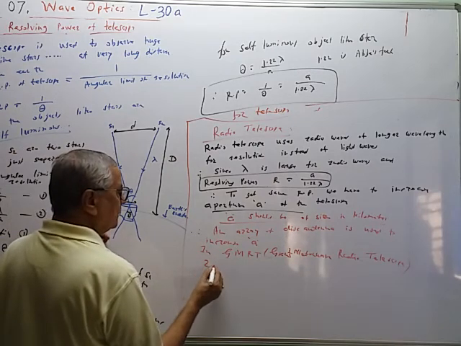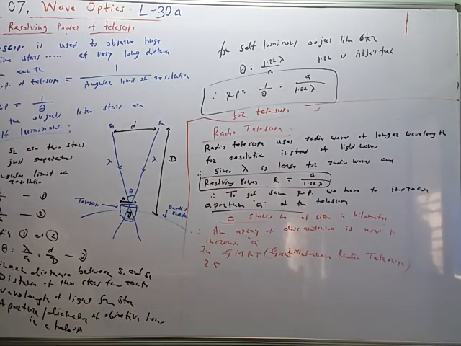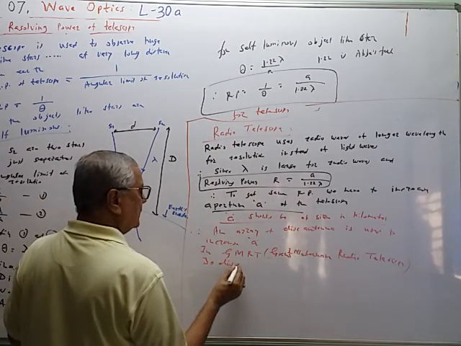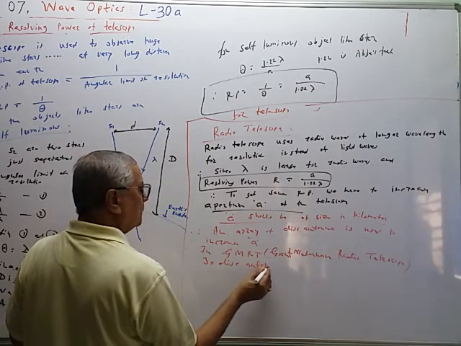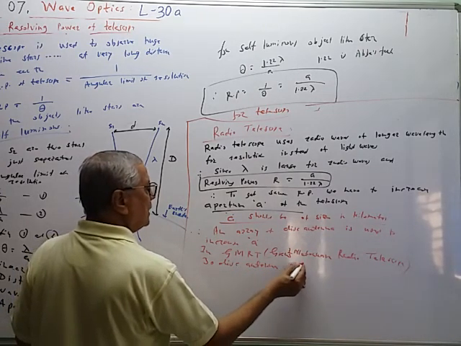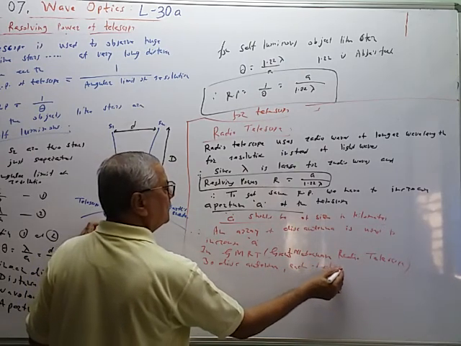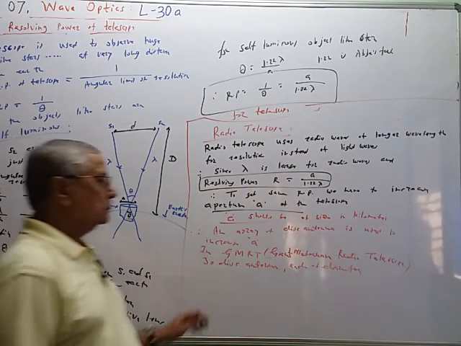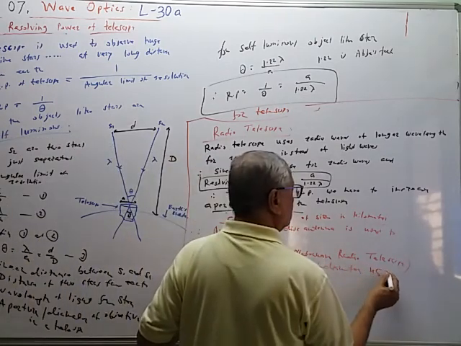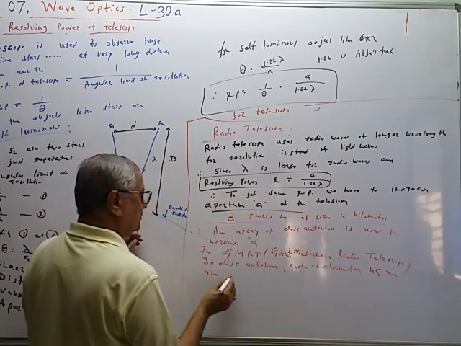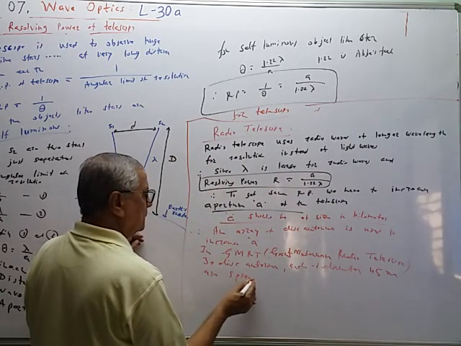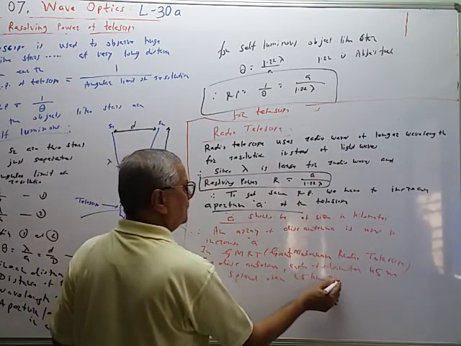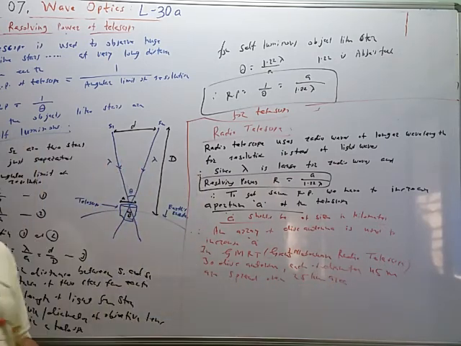In GMRT, 30 disc antennas, each of diameter 45 meter, are spread over nearly 25 kilometer area at Narayangaon.